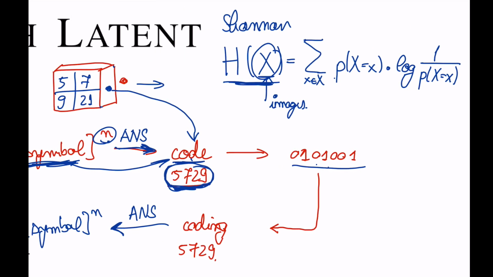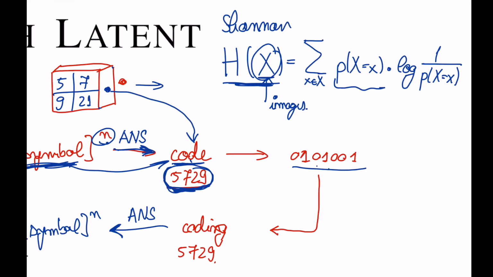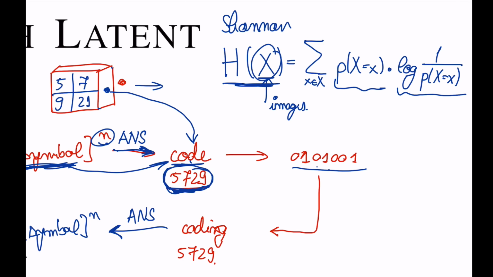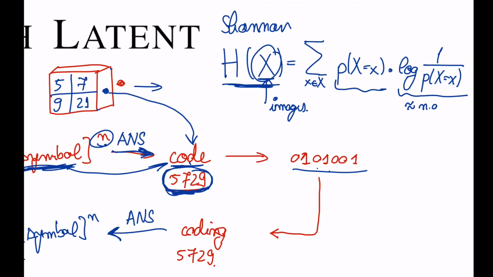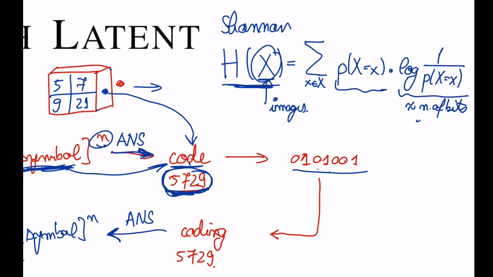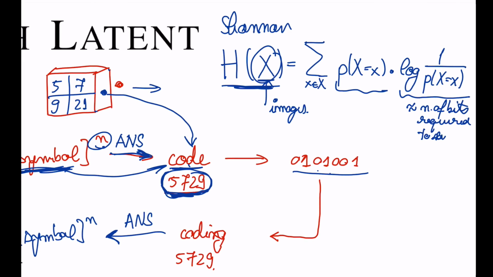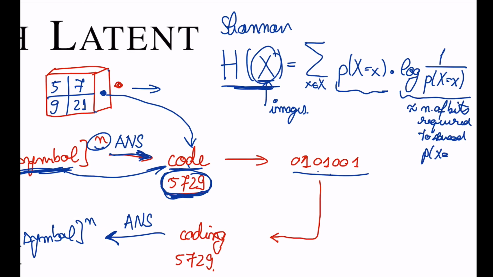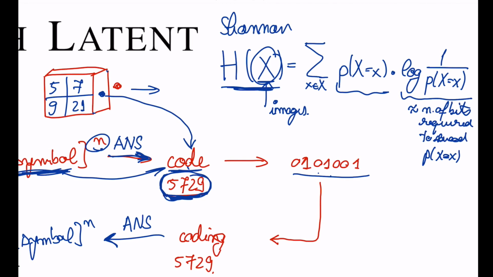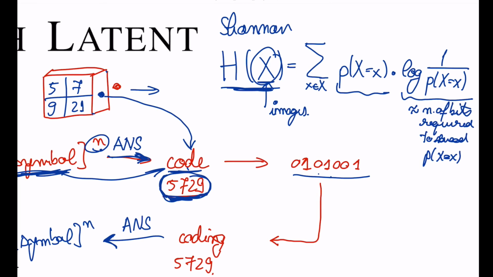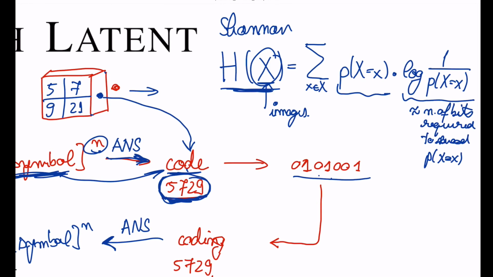What this tells you is you sample images from the distribution, and then you encode them in such a way that this is approximately the number of bits required to encode X given P of X. And this is the absolute theoretical best. We can't do better than this. There are many schemes which want to get close to this, and the one that we discuss here is going to get close to it.